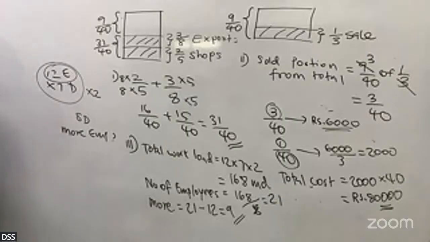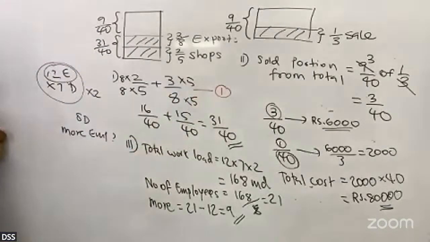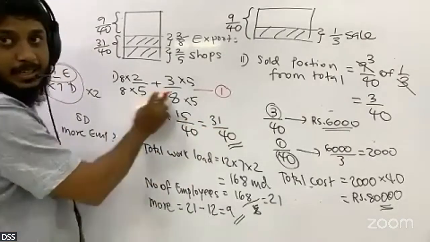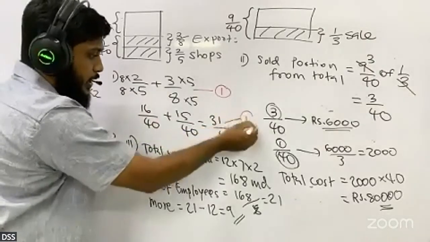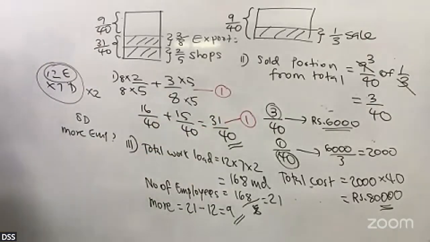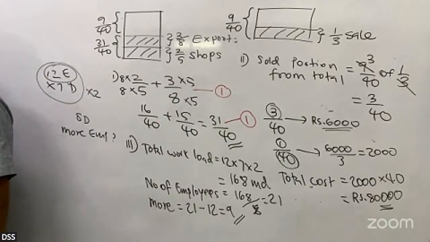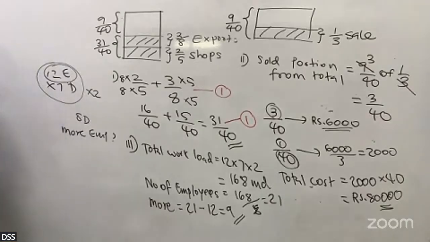Now for writing the first step, 1 mark. For getting the final answer, they haven't given any marks for the middle step. For writing 9 over 40 of 1 over 3, 1 mark.